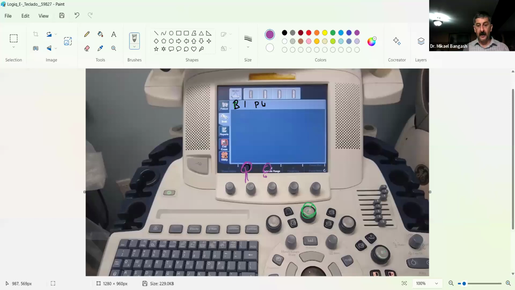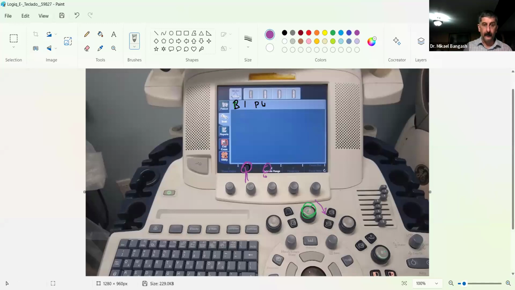Just like we increase the gain on our B mode to cause our image to become more bright, just like we increase the gain of our color Doppler to make the color start appearing. So the same here, increase the Doppler gain. You turn this knob here clockwise.